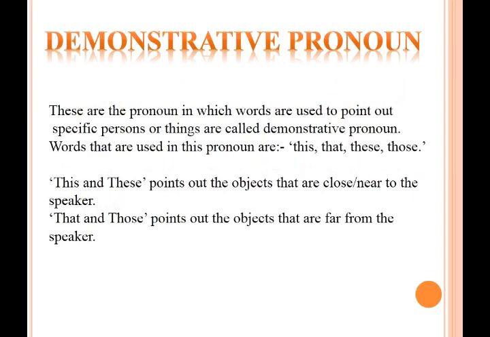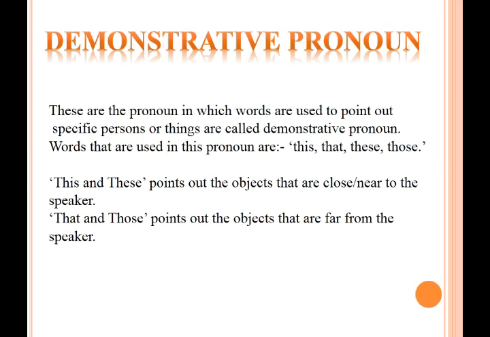Now next type of pronoun is demonstrative pronoun. Words that are used to point out specific persons or things are called demonstrative pronouns. Words that are used in it are this, that, these, and those.